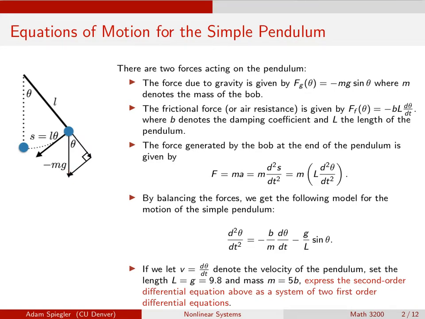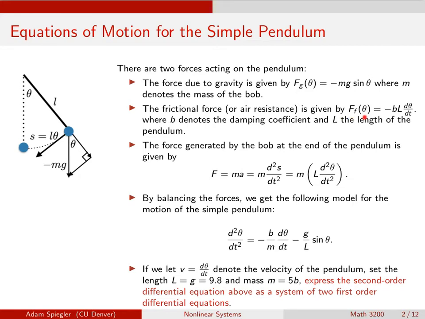The other force is the frictional force, which you can think of as like the air resistance. So this pendulum is rotating around through some medium. You can think about it in like a swimming pool, for example, but usually we just do these in a room, and there is some friction due to the air resistance as it bobs back and forth.